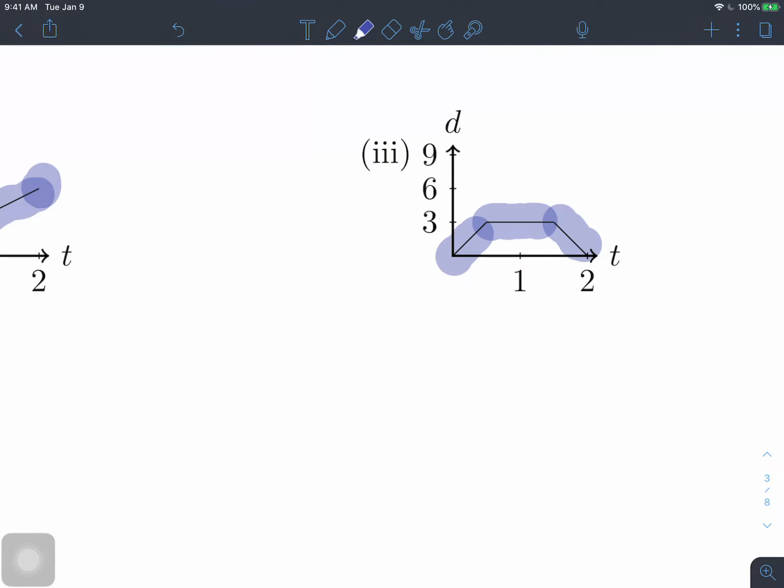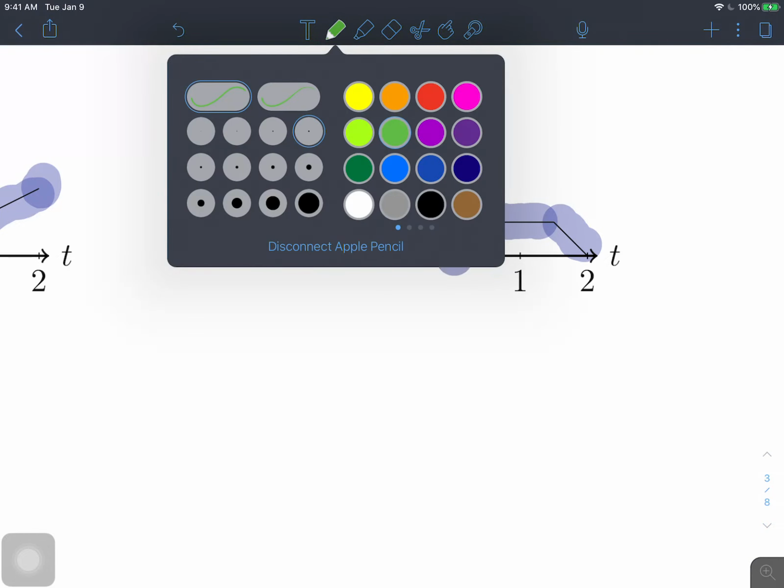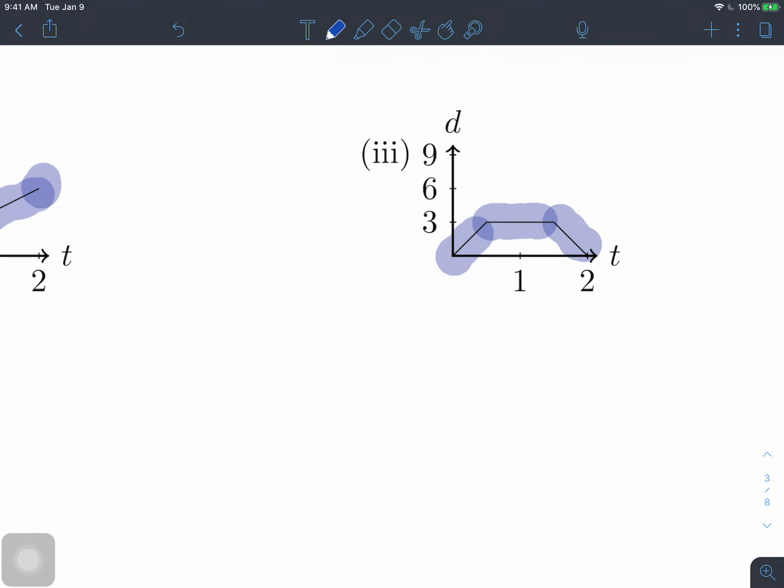The one thing that I do want to point out is it's actually not 3 hours for which we're walking. The time that we walk until we stop is going to be marked on the t-axis, and it's going to actually be 0.5, so half an hour, and then whatever d is measured in, I don't know, how far can you walk in half an hour?